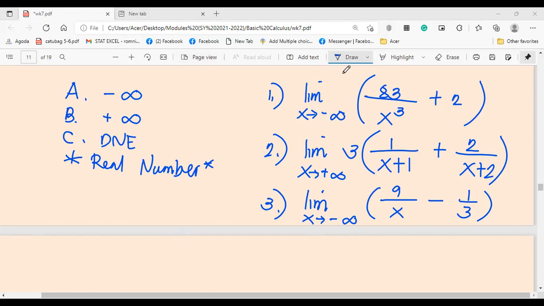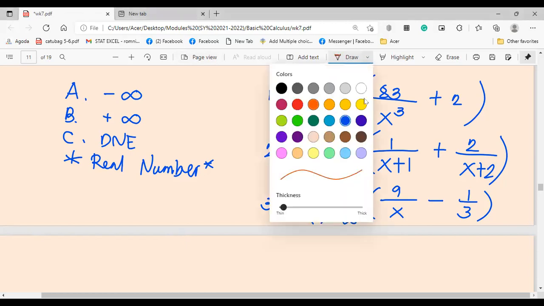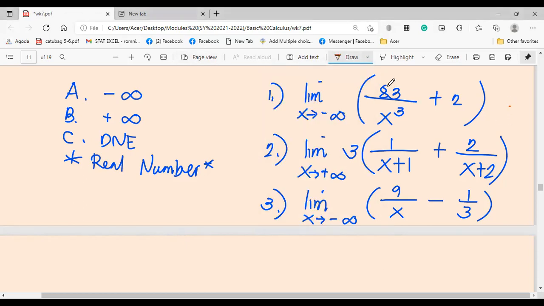Again, by inspection, you have to be very conscious. Meaning to say, in number 1, if this is negative infinity, ito ay gagawin niya 83 over negative infinity. Pag i-factor out mo ang 83 over negative infinity, lalabas ang 83 times 1 over negative infinity.